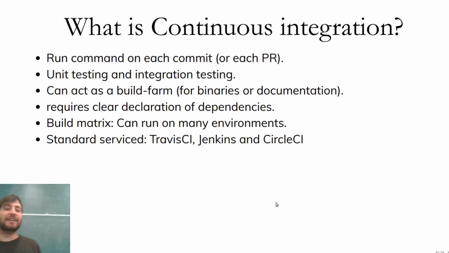What also is great is it requires a very clear declaration of your dependencies. If you run your data science workflow on your machine and everything works, you have no idea why it worked. You might require libraries that you didn't even think you were requiring. Continuous integration is run by some cloud provider on some virtual machine, so you need to tell the cloud provider exactly what you want in your virtual machine, and that specifies the environment that you need for whatever code you're running.